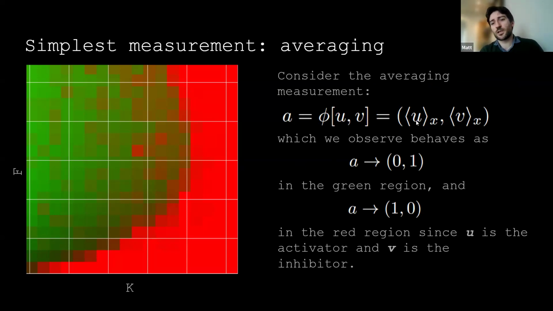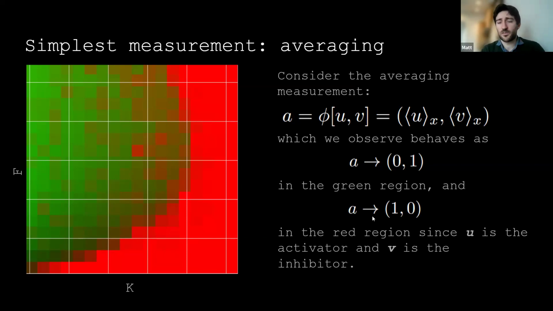That two-dimensional signal is the concentration in U and the concentration in V. And we can observe at the outset that on the long term, the measurement, which we denote by A, tends towards 0, 1, so no activator, all inhibitor in the green region, and the opposite in the red region.